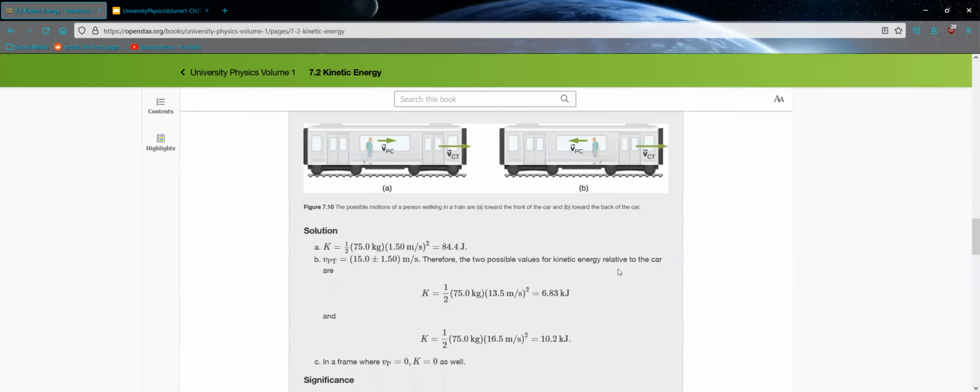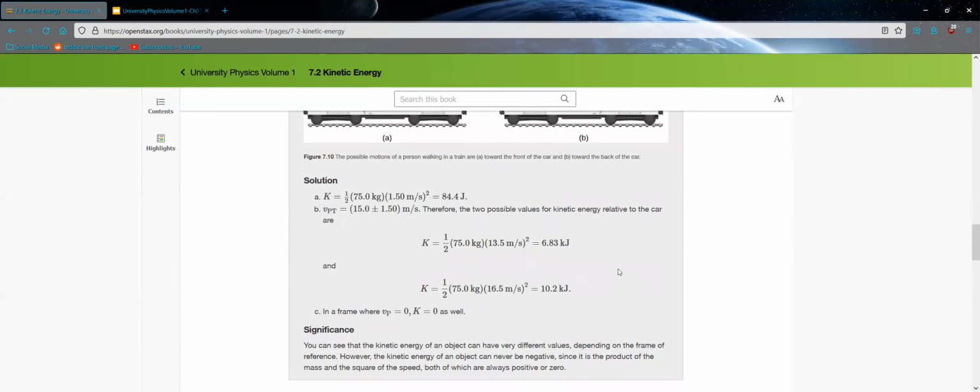How does that pan out? Well, we just need to solve for the person relative to the tracks by either adding his 1.5 to the car's speed or subtracting his 1.5. If we subtract his 1.5, we get less kinetic energy than if we added his 1.5. And noteworthy, both of these numbers are a lot larger than him moving within the train as my reference point.